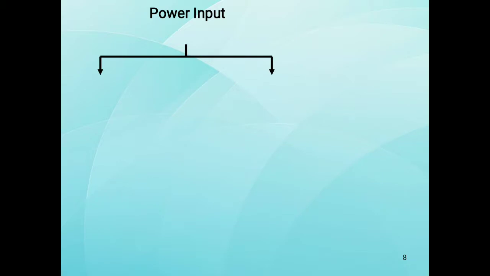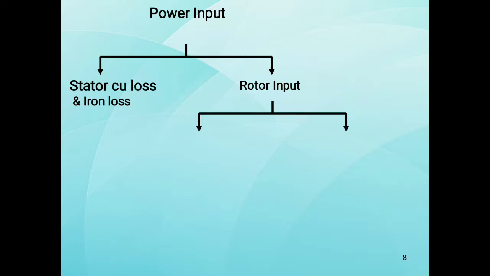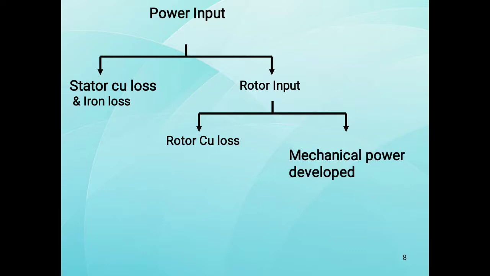Here, the power input is divided into stator copper losses and iron losses, and the rotor input. Then the rotor input is divided into rotor copper losses and mechanical power developed.